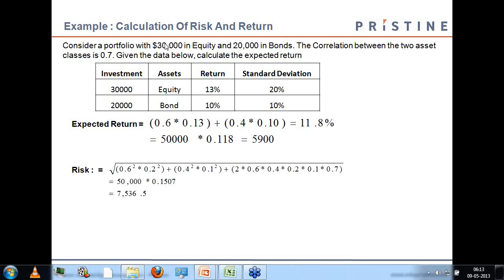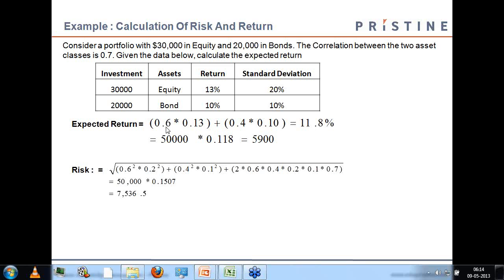So our total investment is $30,000 plus $20,000, that is equal to $50,000, right? Out of that, they have invested $30,000 in equity, so the weight for equity is 0.6, and the weight for bond would be 20,000 divided by the total investment in the portfolio, that is 50,000, and that would come out at 0.4.